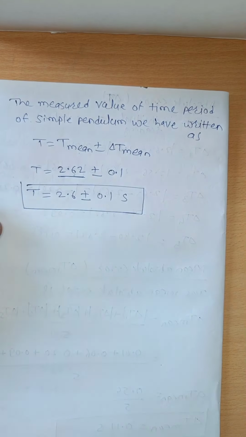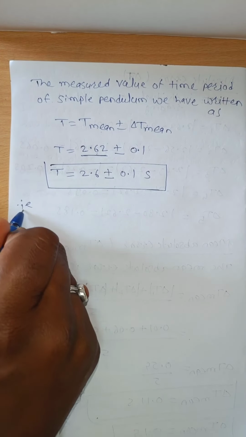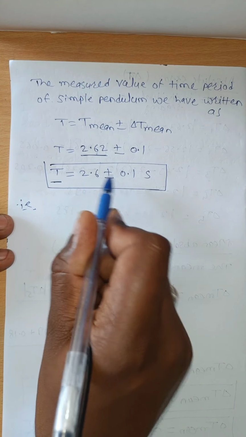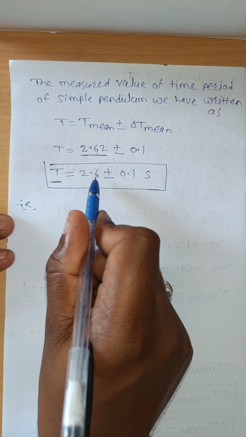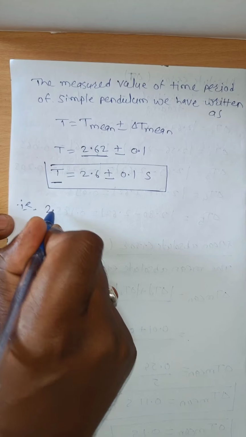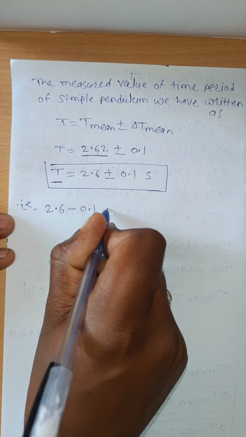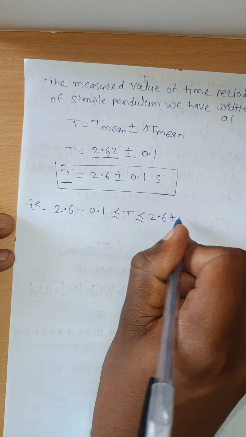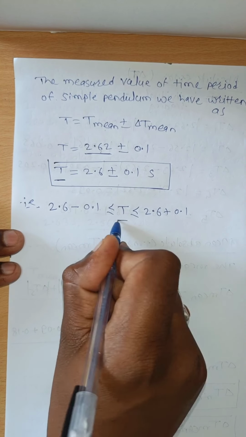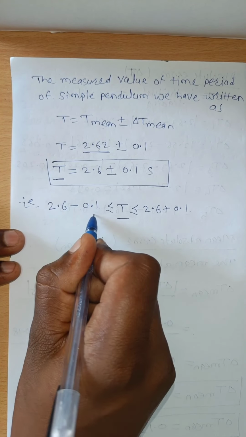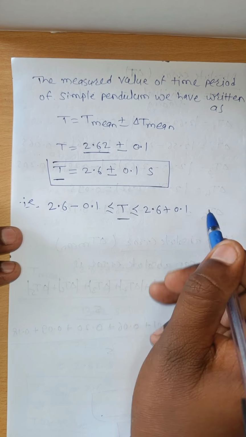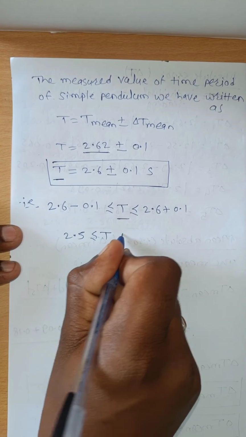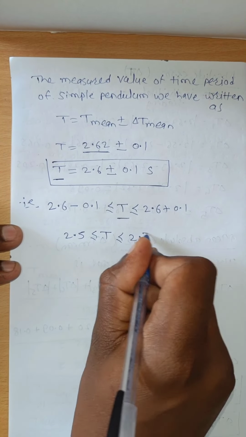Now what is the meaning of that? The t value is in between 2.6 minus 0.1 and 2.6 plus 0.1. That is, 2.6 minus 0.1 is less than or equal to t, which is less than or equal to 2.6 plus 0.1. Calculating, we get 2.5 less than or equal to t less than or equal to 2.7.